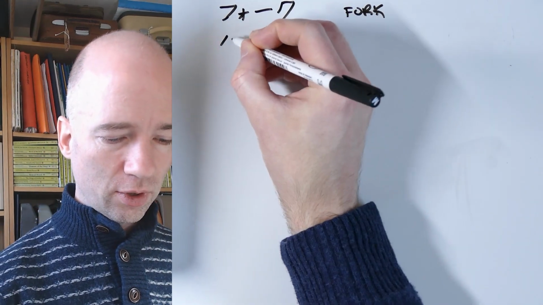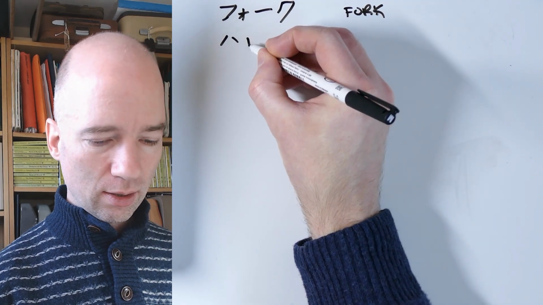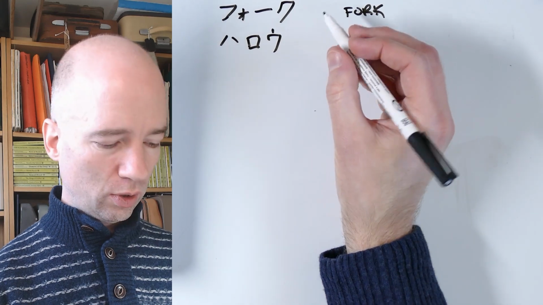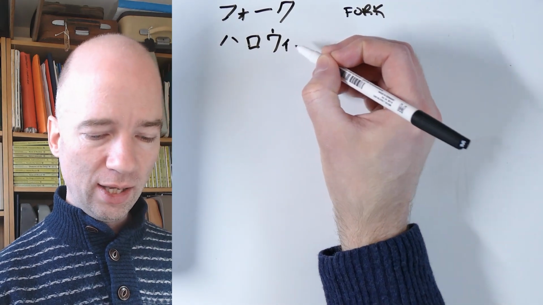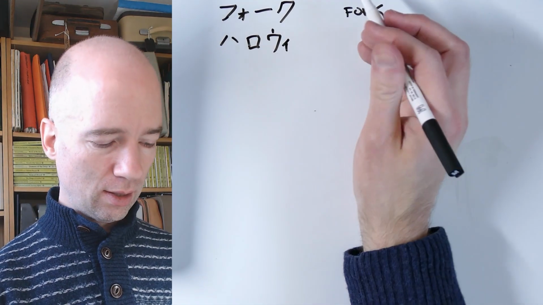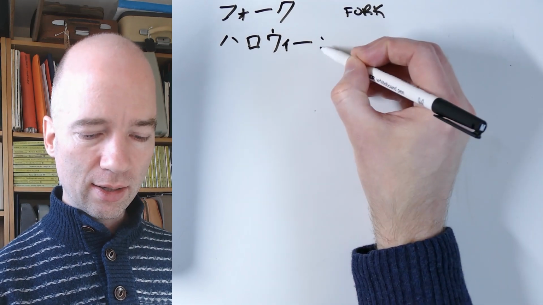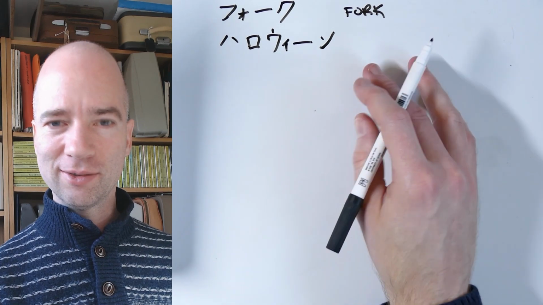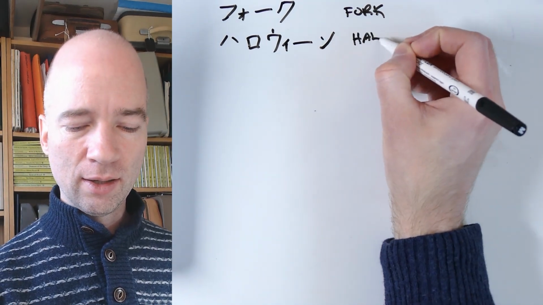Let's see, we've got ha, ro, u, but small e, haroi, long e, and Halloween. That is Halloween.